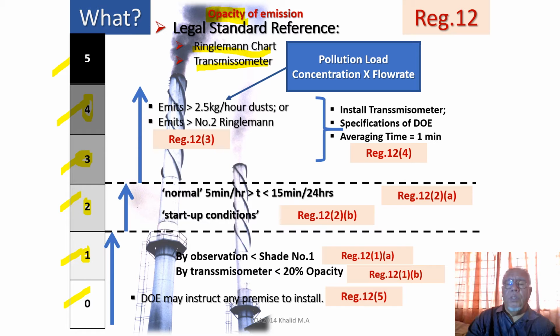Rupanya transmissometer, kalau you ingat kilang kelapa sawit dulu, dia ada pakai chart pelepasan asap daripada kilang kelapa sawit. Dia ada sensor yang dipasang di stack. That sensor is emitting light. Dia guna photocell.